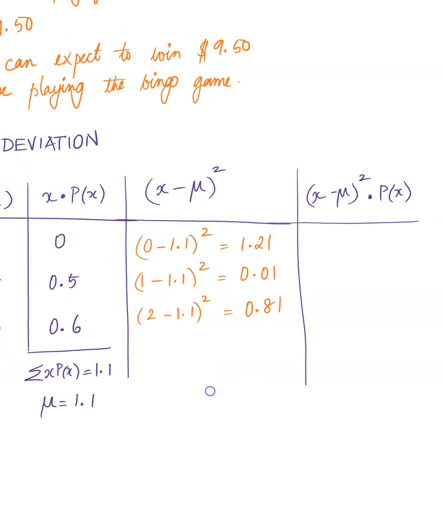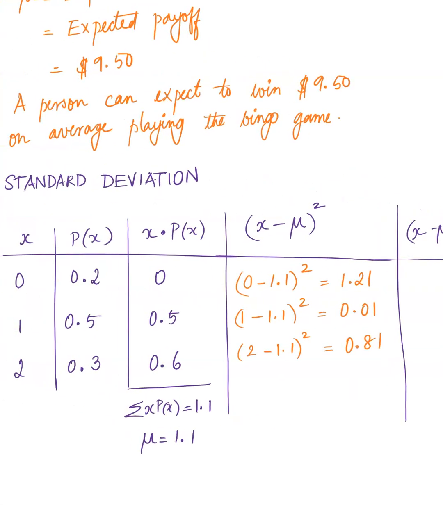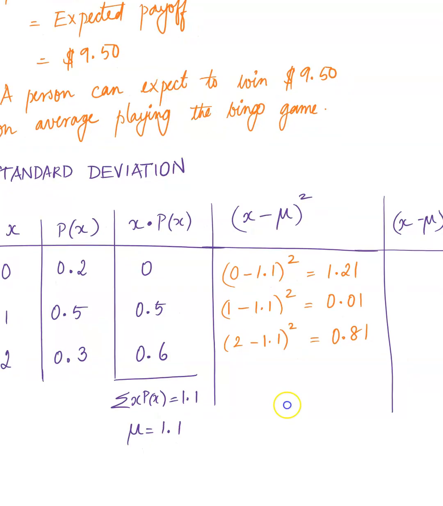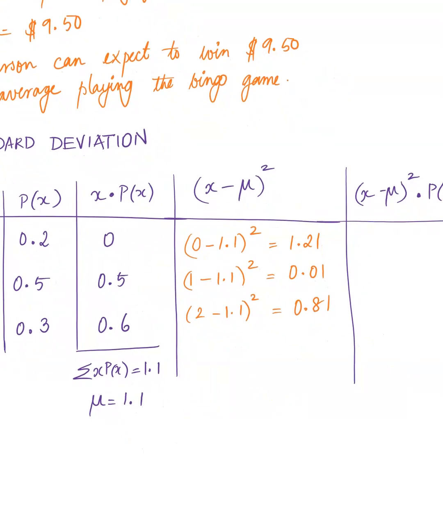Ooh. Okay, so the P of x is 0.2, 0.5, 0.3. You're going to take each one of them and multiply it to the orange values. Okay, so we have 0.2 times 1.21, 0.5 times 0.01, 0.3 times 0.81.